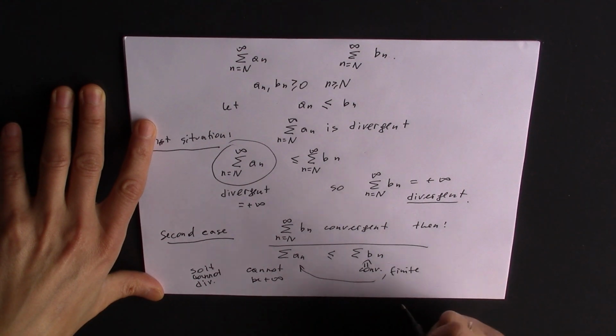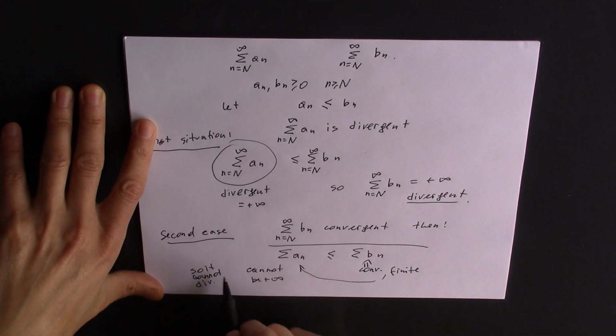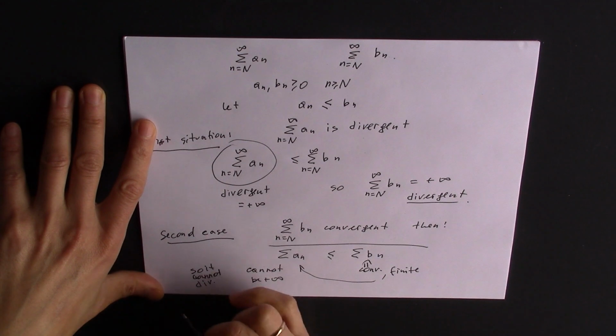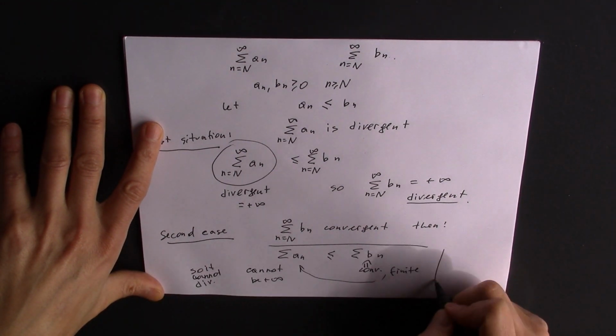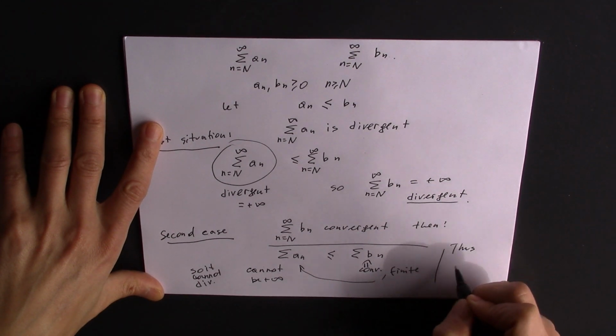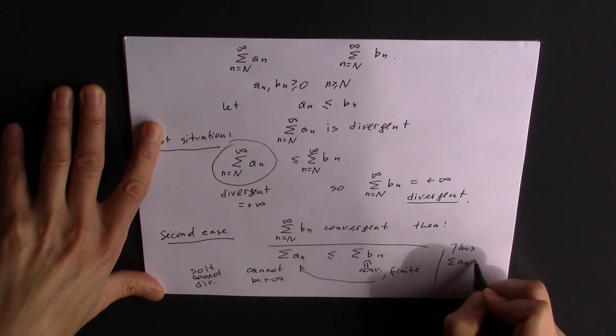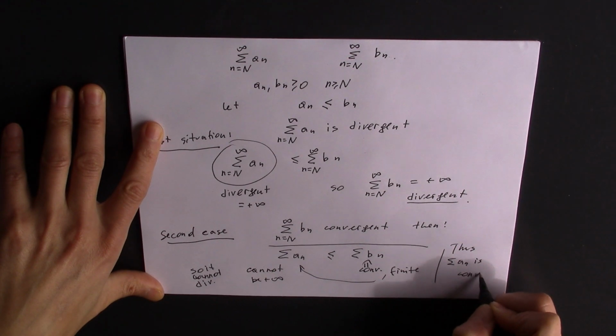So our conclusion is, if the bigger series is convergent, then the smaller series is convergent too.